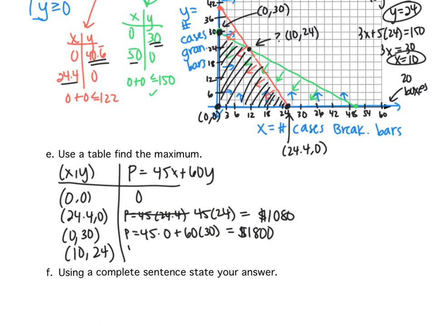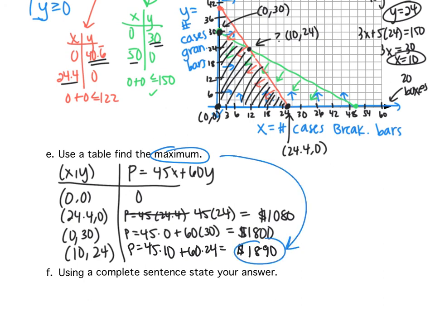And then lastly, we're going to do 45 times 10 plus 60 times 24, which if you trust me, I will tell you that that's $1,890. Okay, remember, in this case, we're not finding a maximum and a minimum, just a maximum. We want to make the maximum amount of money, which we see is that amount of money at that point.